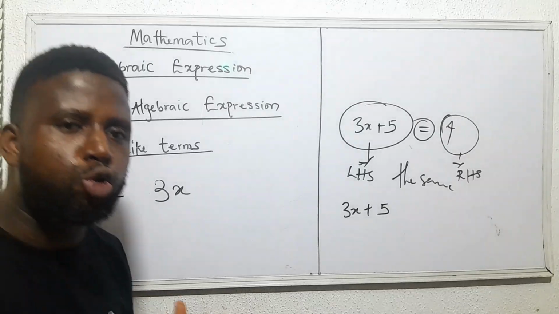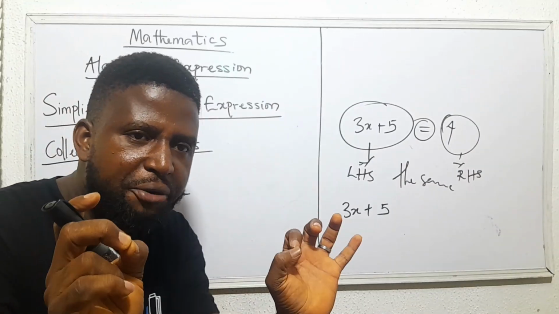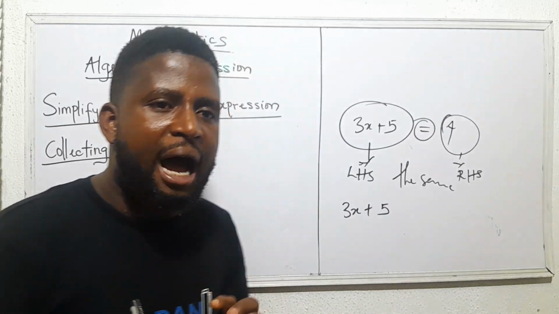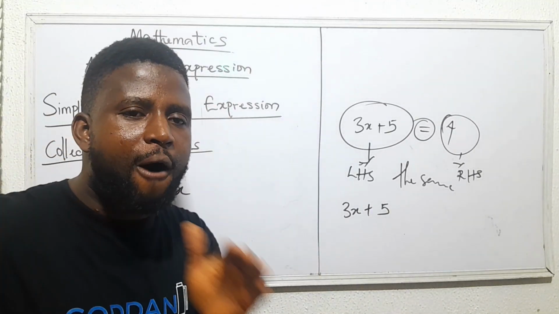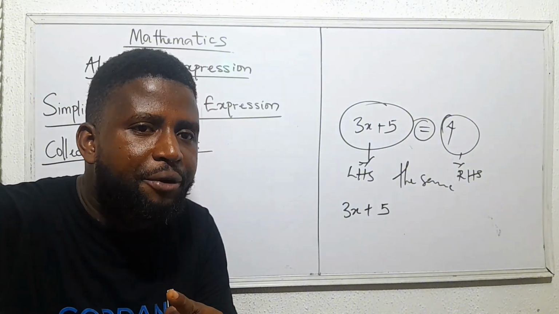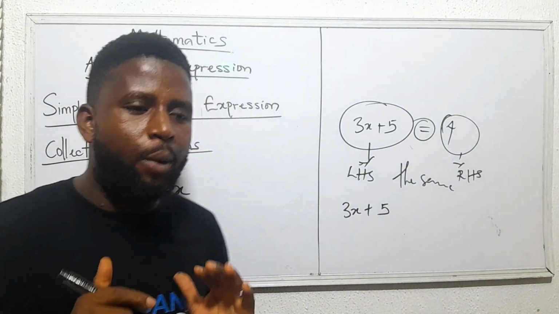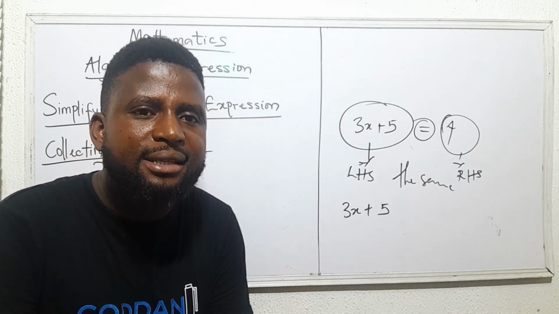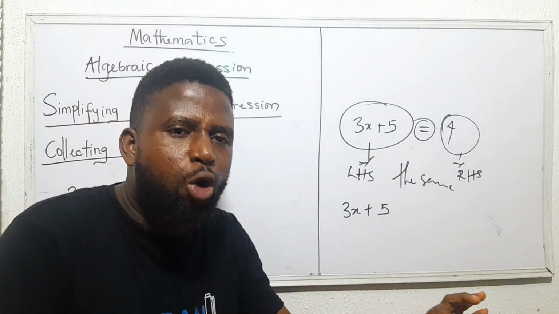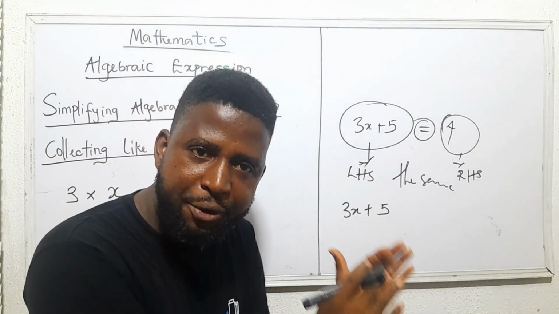Now, if I have 2 or more terms that are of the same variable, then we say they are like terms, right? And when we have 2 or more terms with different variables, then we say they are unlike terms. Now, in adding or subtracting algebraic expressions, you can only add or subtract expressions with the same variable.